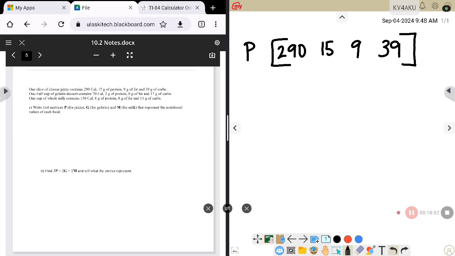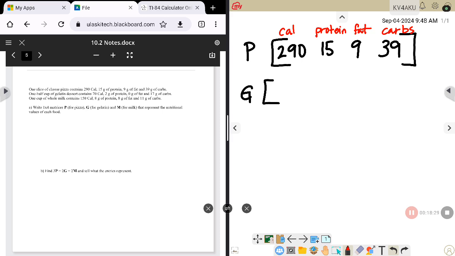The next one we're going to call G for gelatin. So the columns are all representing the same thing. The first column is our calories. The second column is our protein. The next column is the fat. And the last column is the carbs for each food.